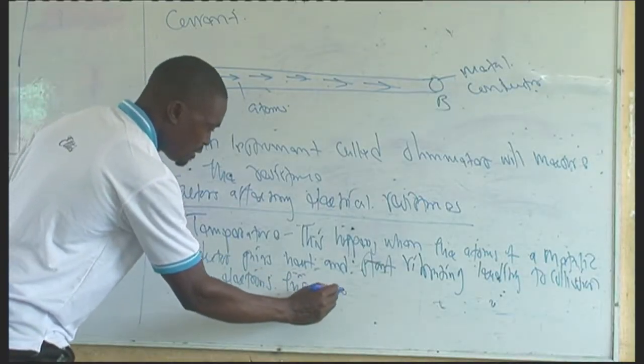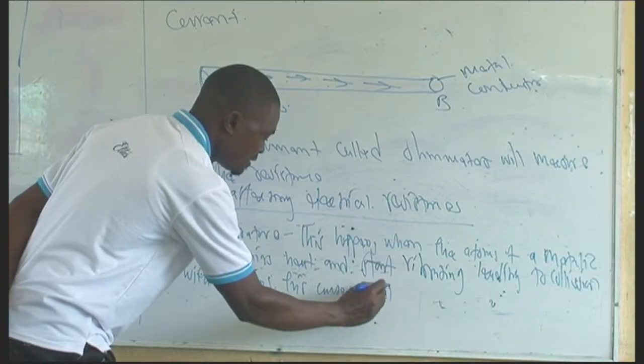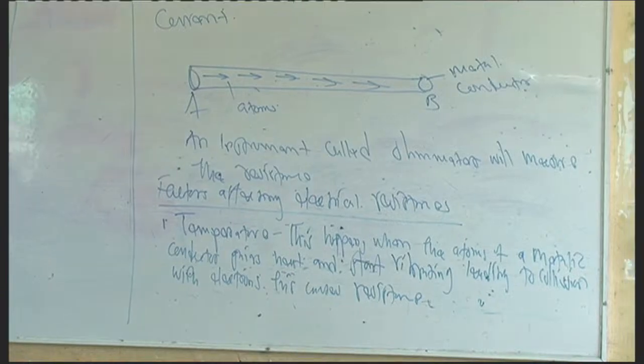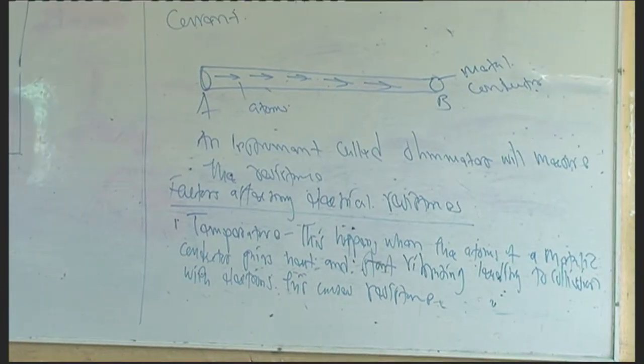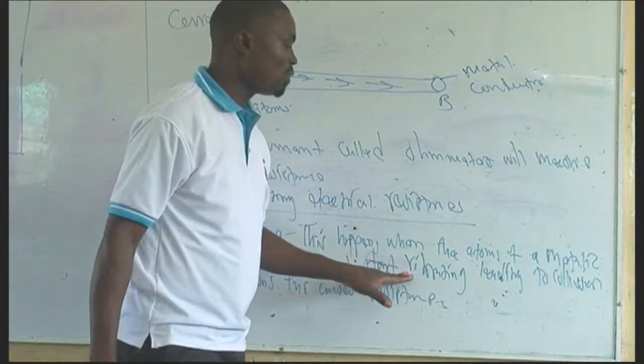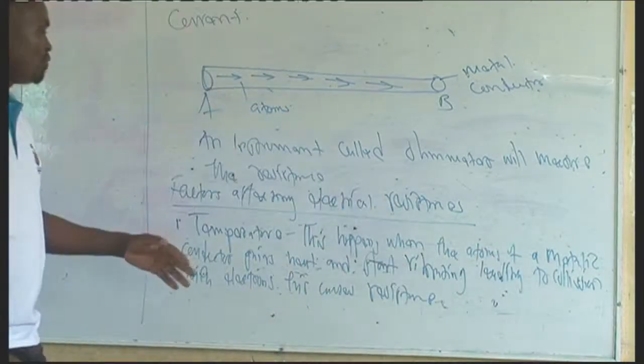This causes resistance. So as temperature is high, vibrations will be high, and then collisions will also be high, and resistance will be enhanced.